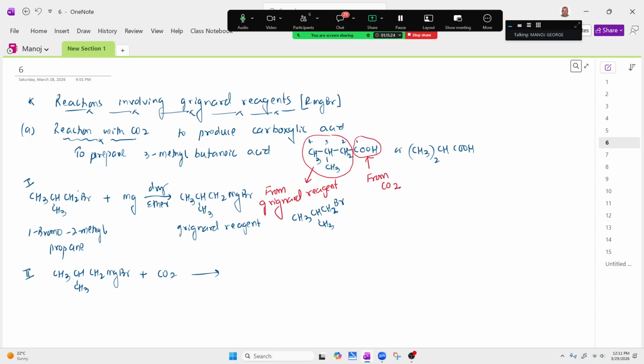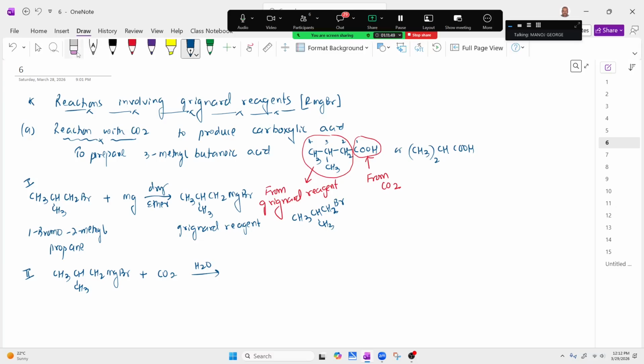When you react this with CO2, there is an intermediate and then you do an acidic hydrolysis. So you basically write everything in one go. You just say I'm going to do acidic hydrolysis. How do I do acidic hydrolysis? It's basically adding water in the presence of acid. So plus CO2 followed by acidic hydrolysis. I should not write it this way.